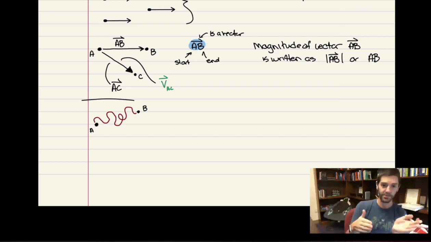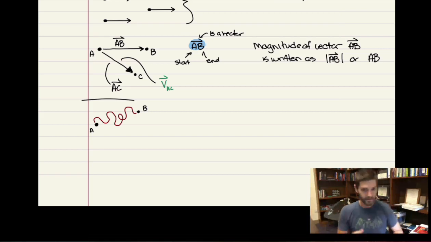It's just saying where did you start and where did you end. Similarly, a displacement vector might be drawn as an arrow that connects where you started, A, to where you ended up, B.